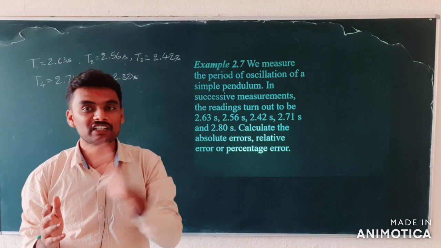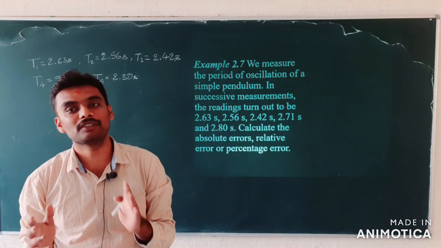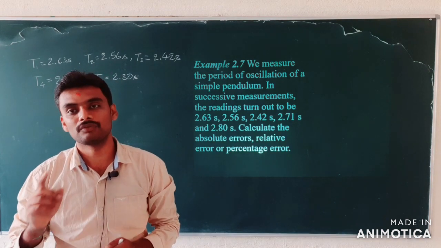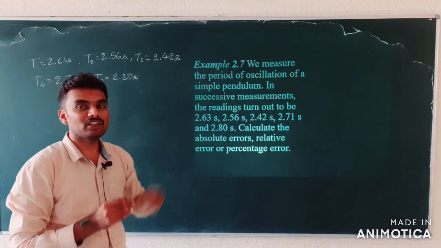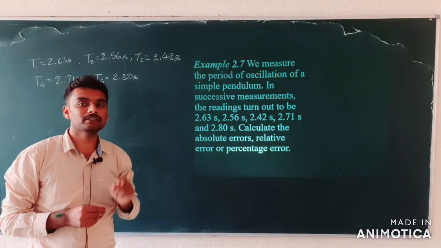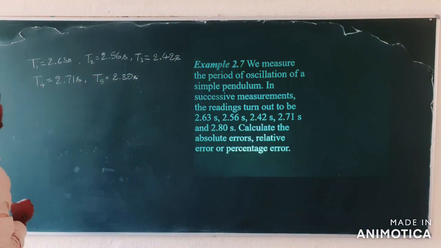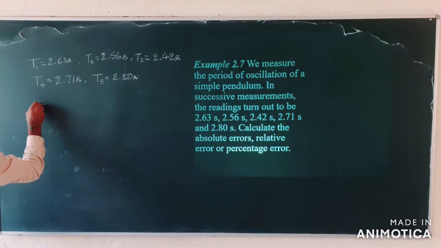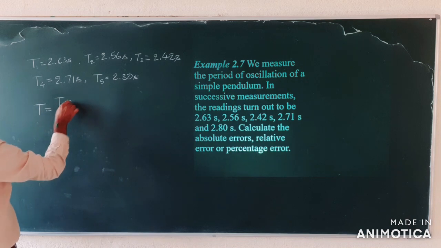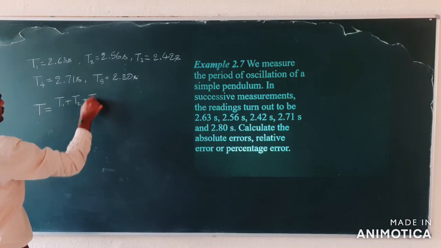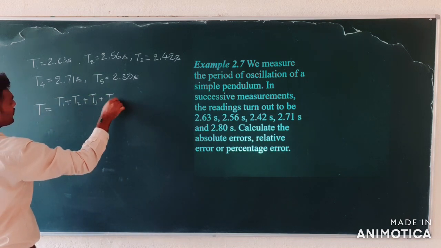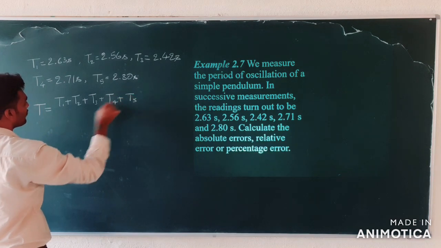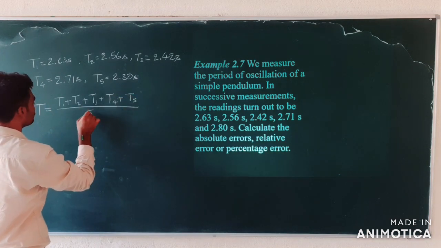Mean of all the measurements itself is the true value. So first we should obtain the mean of all these to get the true value of the measurement, which I can call as T. So T is equal to T1 plus T2 plus T3 plus T4 plus T5 by 5.